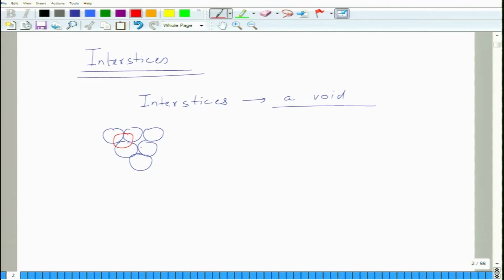The red is only for the sake of illustration, but within this body, which is made by 3 atoms at the bottom and 1 atom on the top, I can create a body by connecting the centers of all the 4 atoms, 3 at the bottom, 1 at the top. This body is called a tetrahedron.